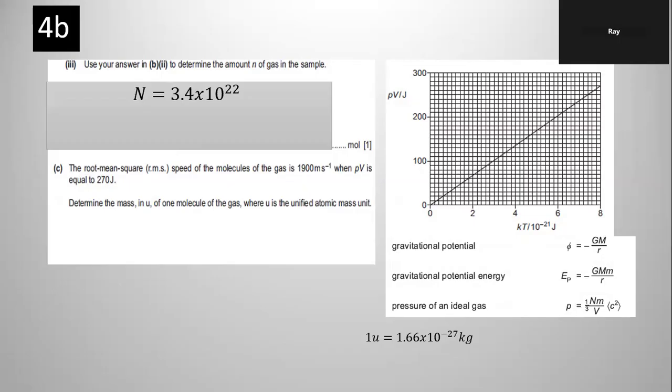So we have calculated capital N. So small n is just your capital N divided by Avogadro's number, 0.056 mole. The root mean square speed of the molecule of the gas is 1900 when PV is equal to 270 joule.